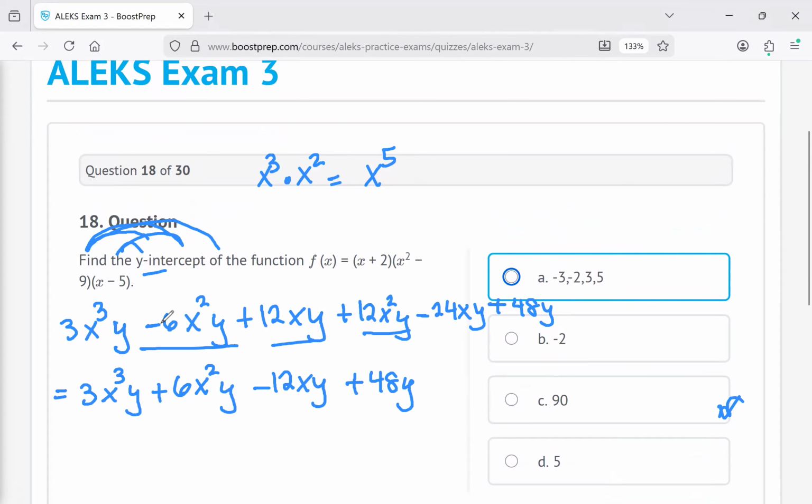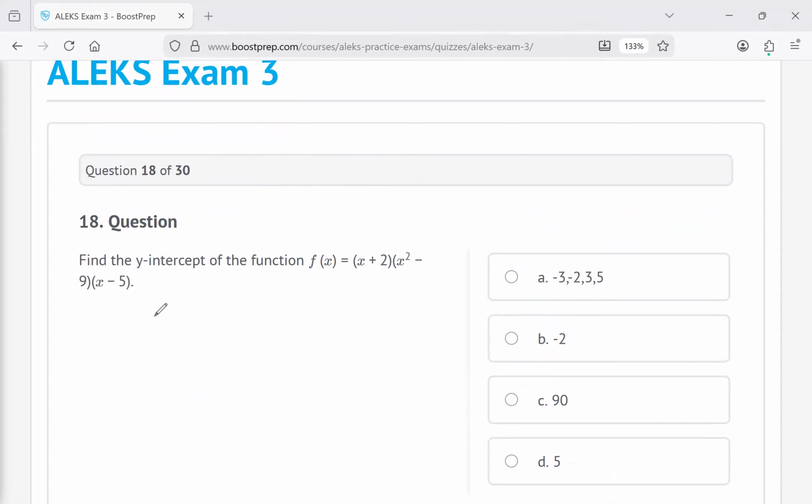Okay, question 18. Find the y-intercept of this graph. So how do you find the y-intercept for any graph? You simply plug in 0 for x. So you just do f of 0. Wherever you see an x, plug in 0. So it's going to be 0 plus 2, 0 squared minus 9, and then 0 minus 5.